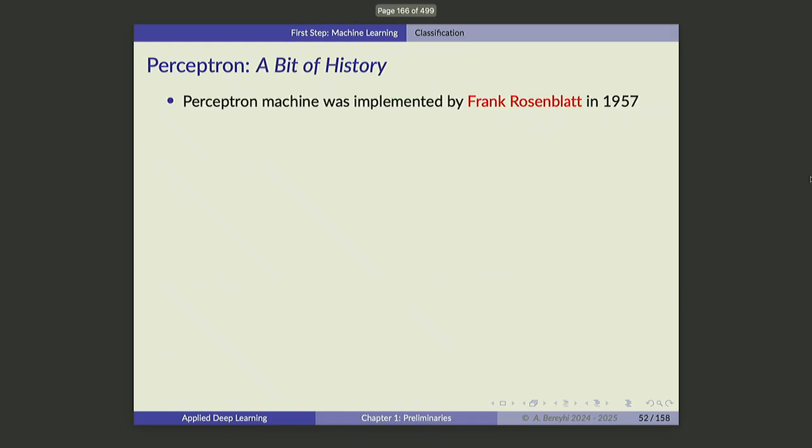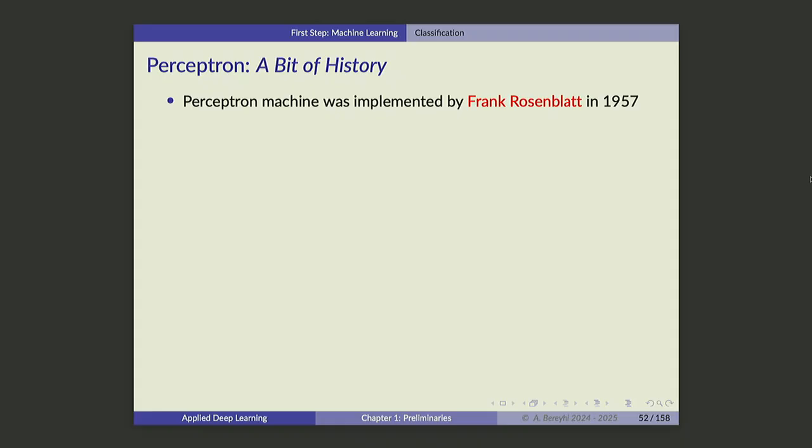Okay, cool. Now, just a bit of history here. The idea of the perceptron was introduced in 1957 by Frank Rosenblatt, and he was able to implement it with a huge machine. You can imagine at that point in time it was really an analog implementation, but he was able to actually learn many binary functions, right?